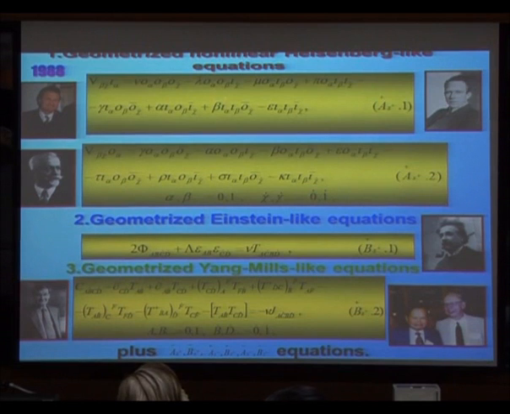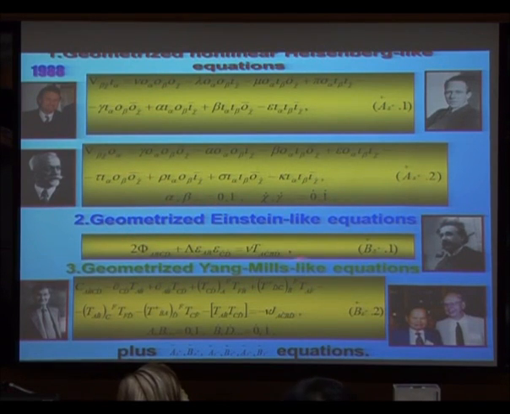And in 1988, I found the equation of physical vacuum. This equation represents a system of equations: geometrized nonlinear Heisenberg-like equations, geometrized Einstein-like equations, and geometrized Yang-Mills-like equations.